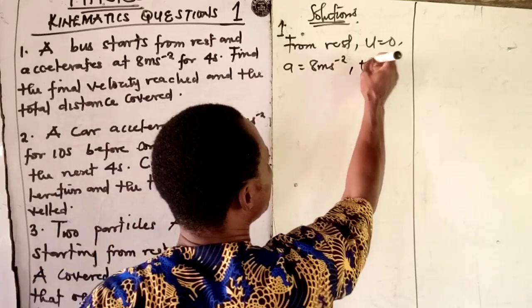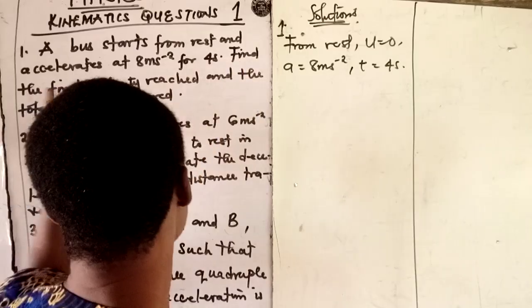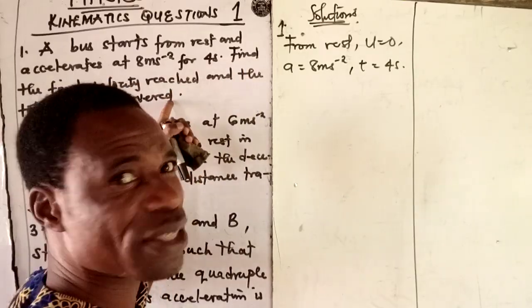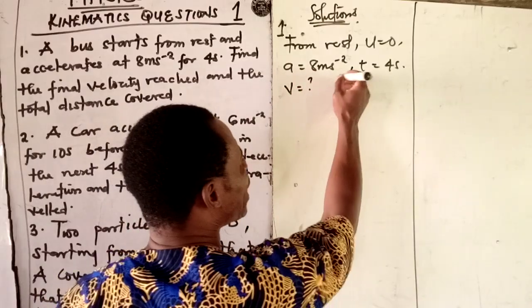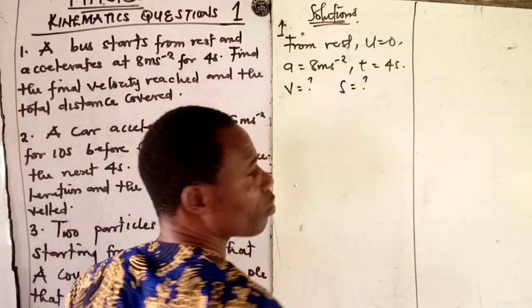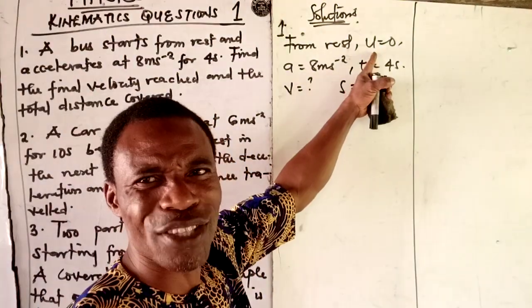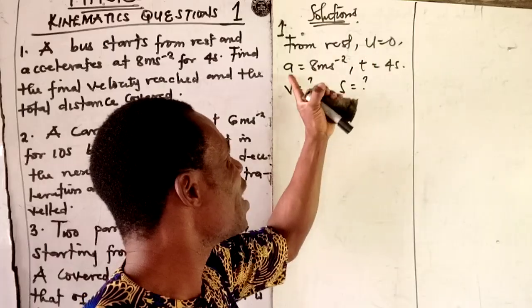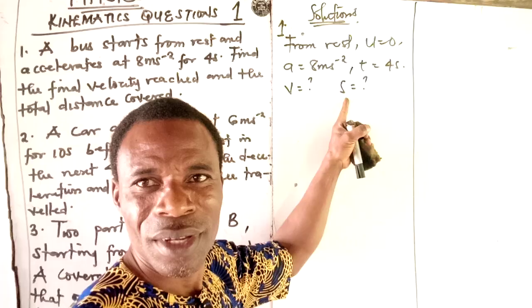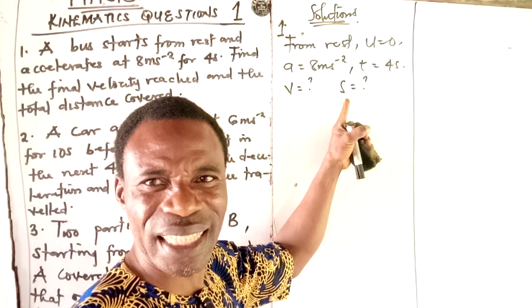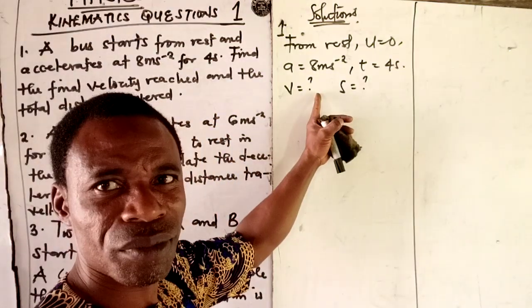The time taken is 4 seconds. We have to look for the final velocity reached, V, which is unknown, and the total distance covered, S, which is unknown. If you look at this very well, you will see that the 5 ingredients of motion, U, A, T, V, S, are here, but we need to find them. This is a rectilinear motion, an accelerating motion.